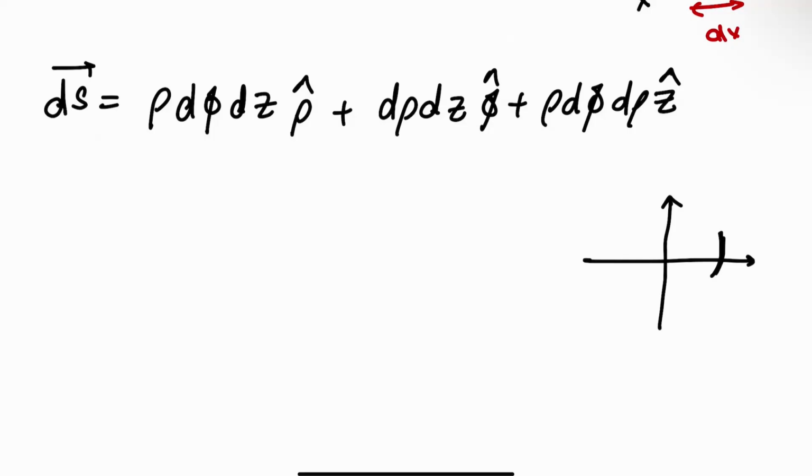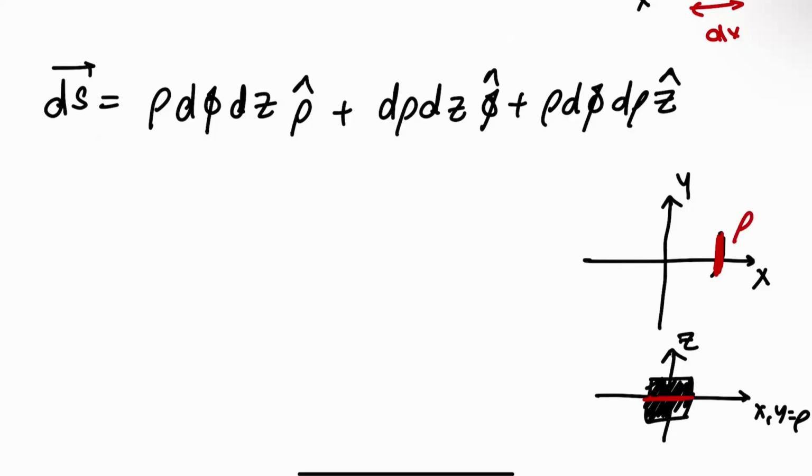Obviously all of this would be much easier to do in 3D, but let's say I'm drawing x comma y in this axis, which is just the rho axis, and I draw the z axis like this, and it looks like this, where this cut here is this line here. And what's the length of this cut? We said that differential lengths would have to be multiplied with this rho factor.